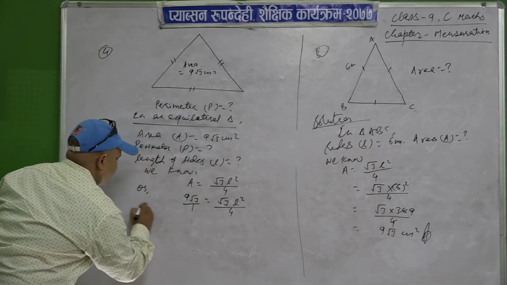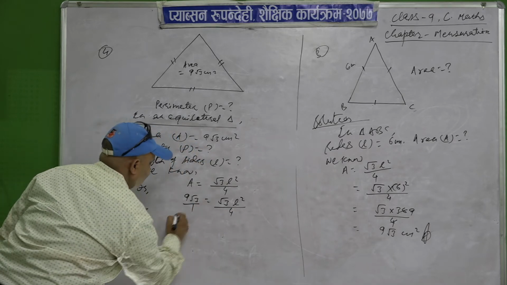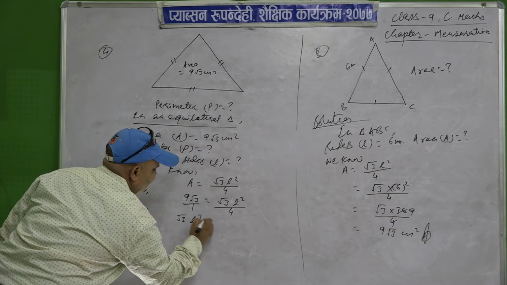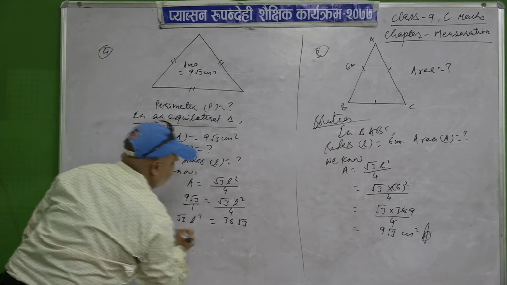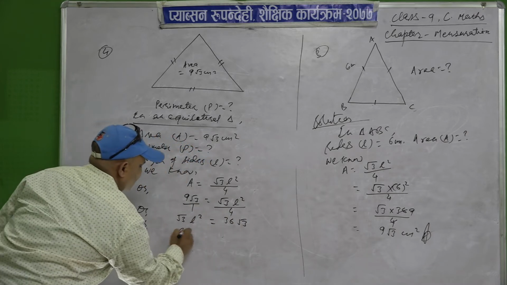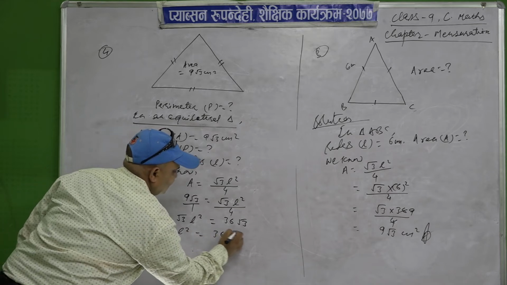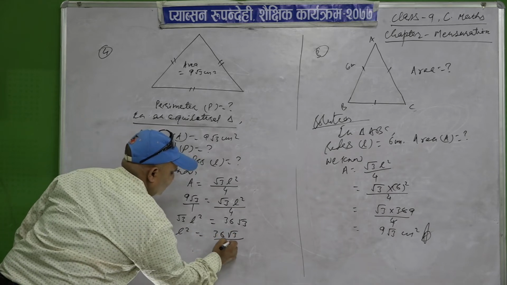Now make cross multiplication. If we cross multiply we get root 3 L square is equal to 4 times 9 root 3, that is 36 root 3. Or L square is equal to 36 root 3 upon root 3.